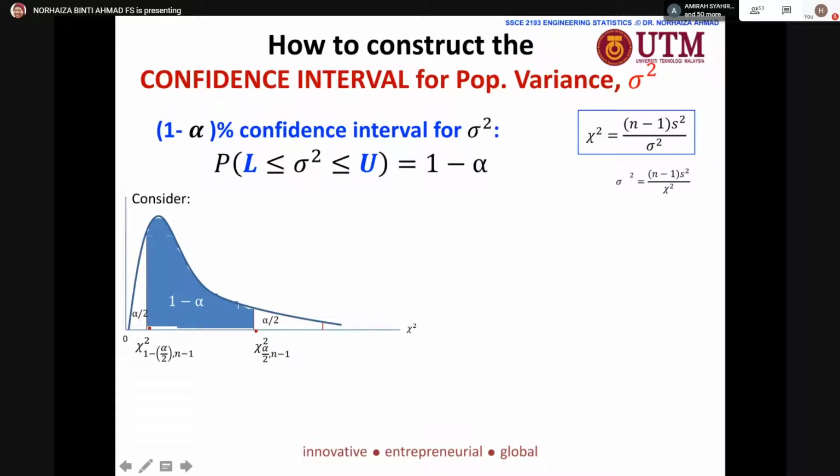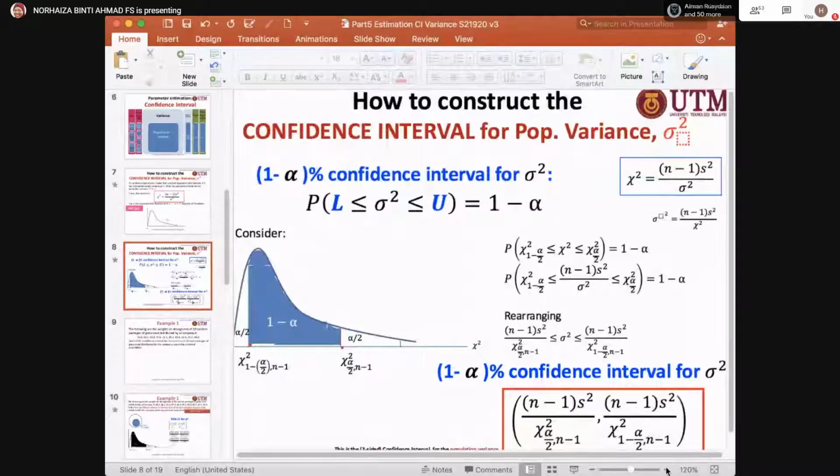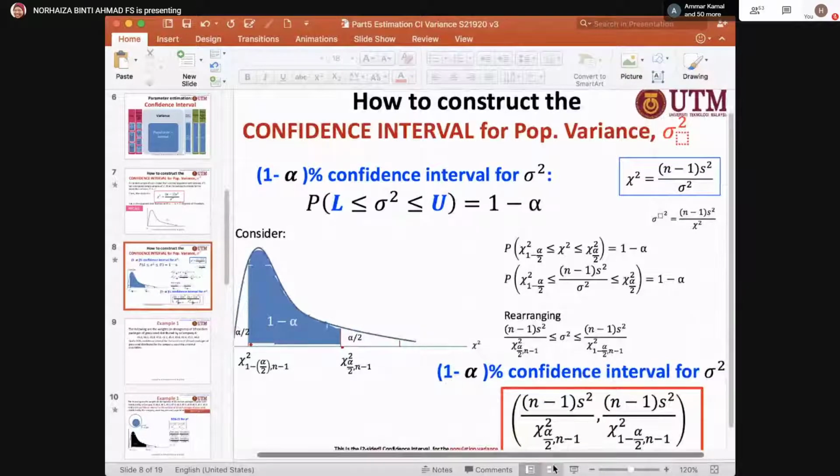Now, if this area is alpha over 2, and if this is a chi-square distribution, alamak, ibu nampak ke? Sekejap eh. Okay, tak nampak saya tunjuk-tunjuk ni kot. Sekejap eh. Okay, show it from here, so it's going to be easier for you. Let me just buang benda ni.